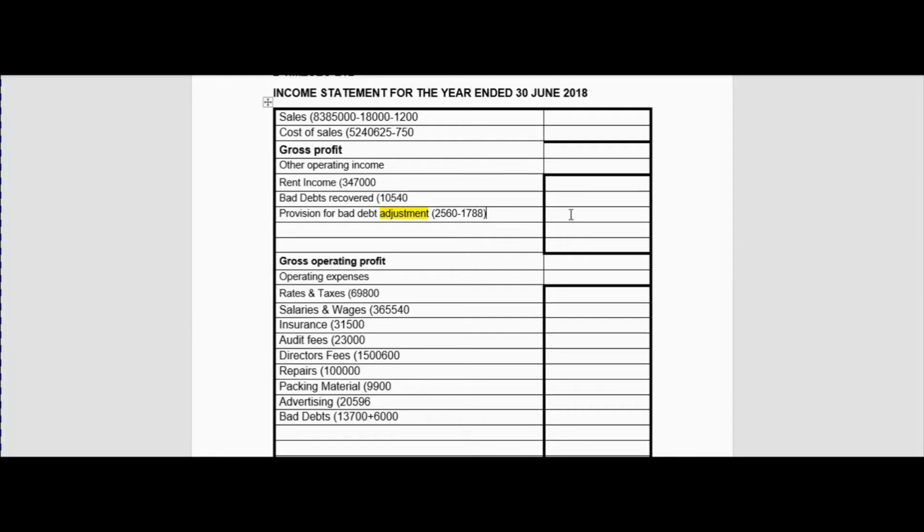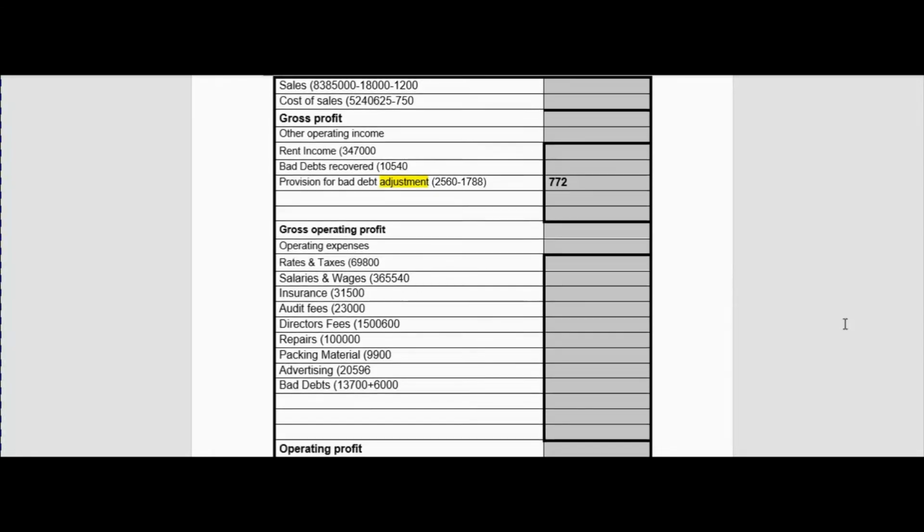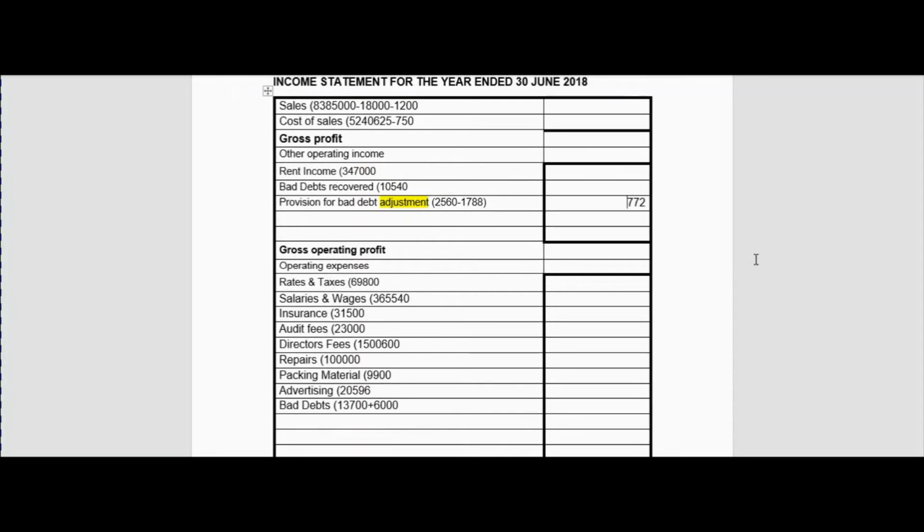And then also get the mark for the answer that I put in the amount column, which was 772. Okay, let's just fix this column quickly. So very important that we actually show our calculation, because if not, we will simply get 0 marks. In this case, you would get 1 for the 2,560 and 1 for whatever answer you got, even if you had that one wrong. So you get 2 out of maybe 4.